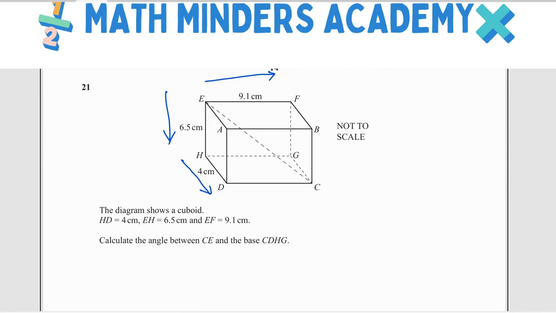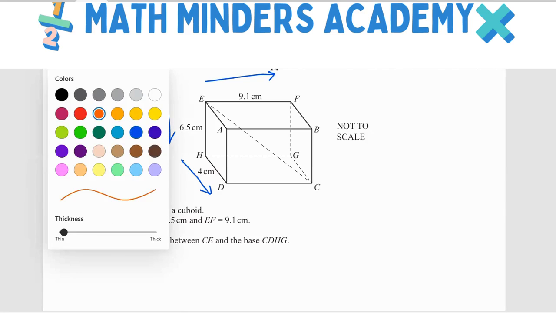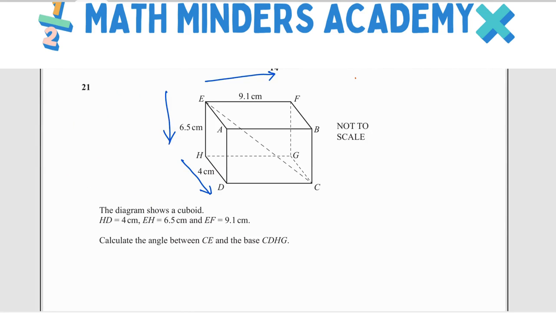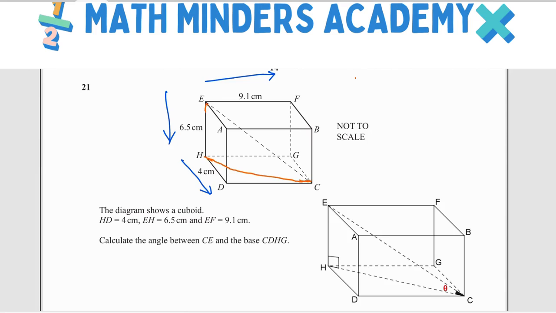So we are looking for, here, you are going to put a line on the base and bring it to this place, so that we are going to have a right angle triangle here. So the angle we are looking for here is this. All right, that's the angle.